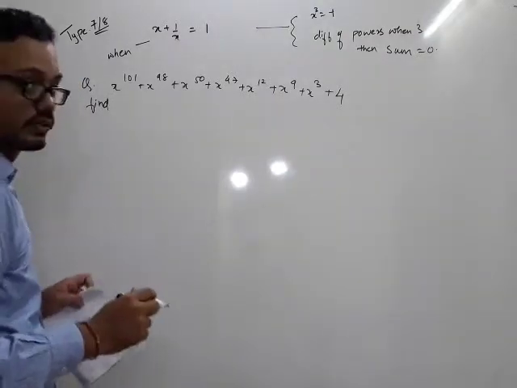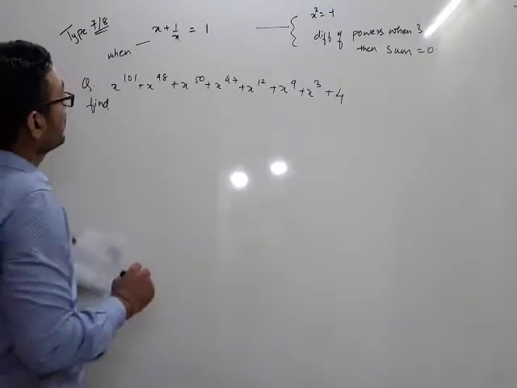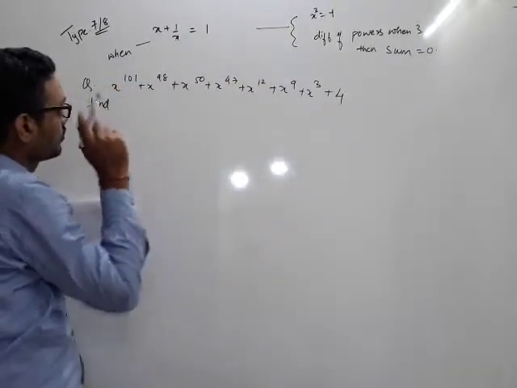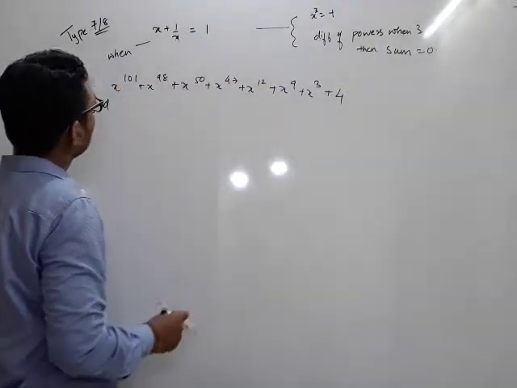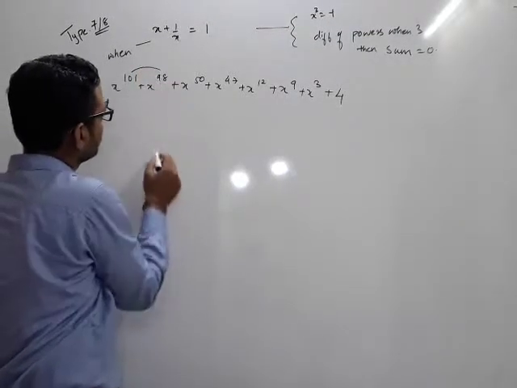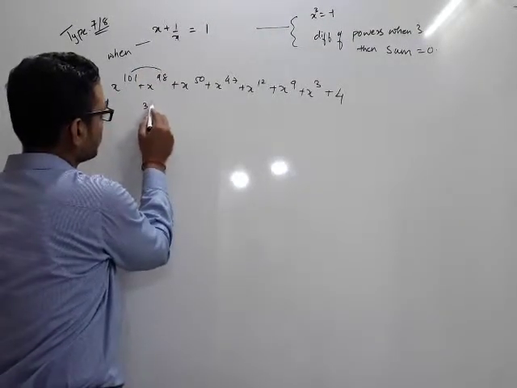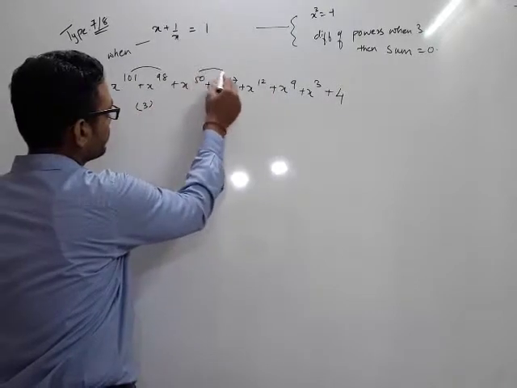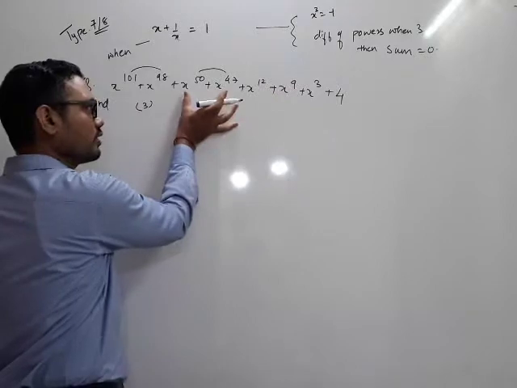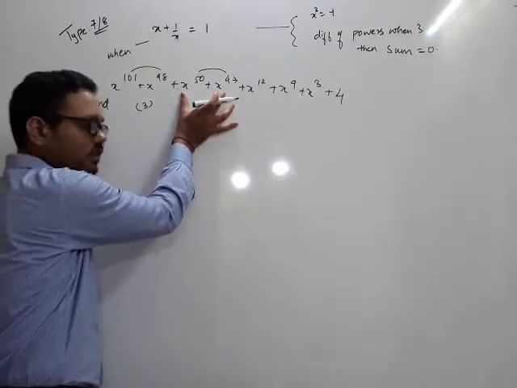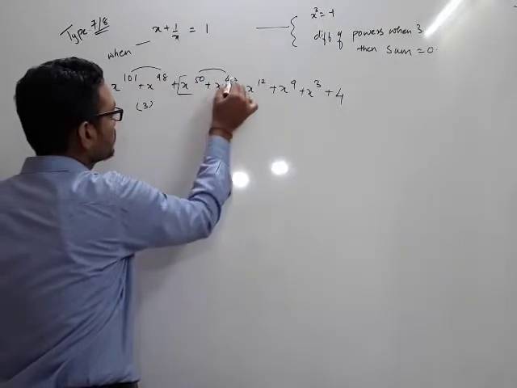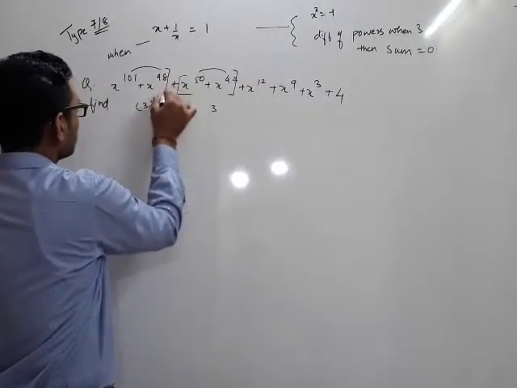Okay, so when x plus 1 by x is 1, we know that x cube is minus 1, and we also know the difference of power. What is the difference of power between these two terms? It is 3. Difference of power between these two is 3, and we know that whenever the difference of power is 3, their sum is going to be 0.